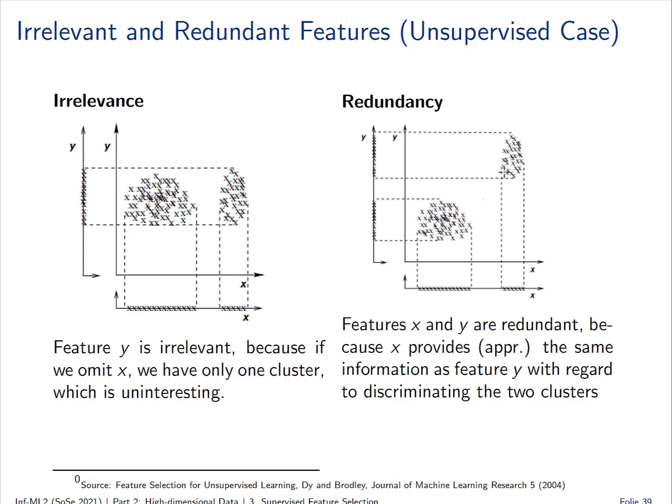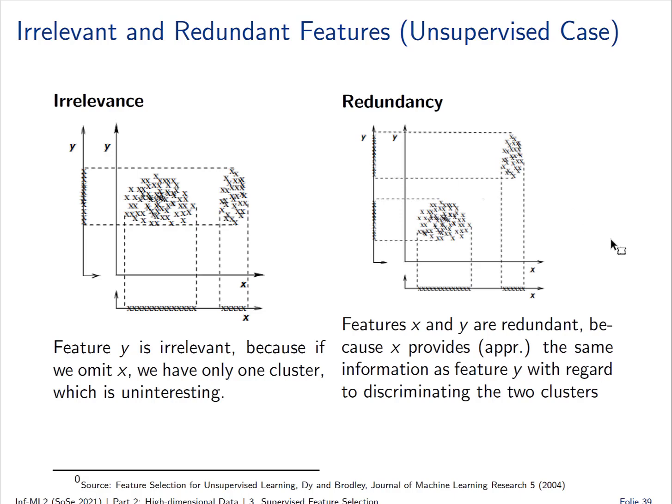And here is an example on the right-hand side for redundancy. So you see that we again have a clear pattern with two clusters. And actually both of these features, x and y, would do a good job in discriminating between those two things. X may be a little bit better because the difference between those patterns is a little bit higher here than here, but both features would do the job quite well.